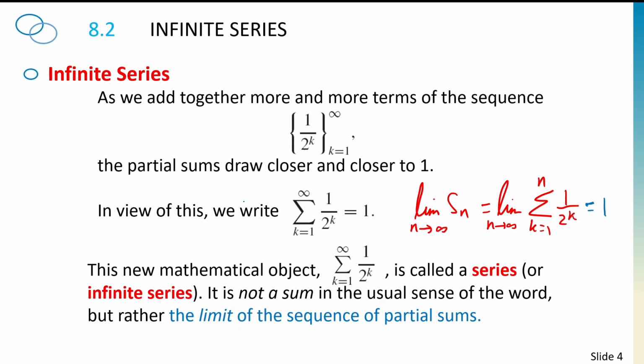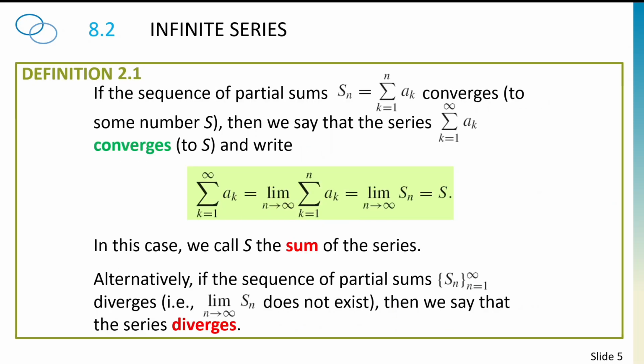They have the name infinite because it goes up to infinity. Now, in general, this is the first official definition that we have for an infinite series. We say that if we have the partial sum Sn as the sum of a_k from k equals 1 to n, and this sum converges to some number, let's call it s, we can say that this series is equal to the limit, just as I did in the previous slide.